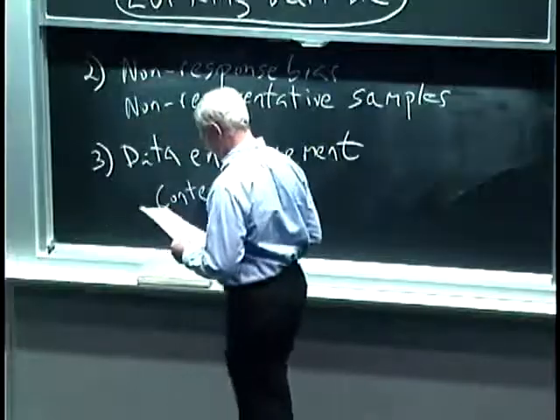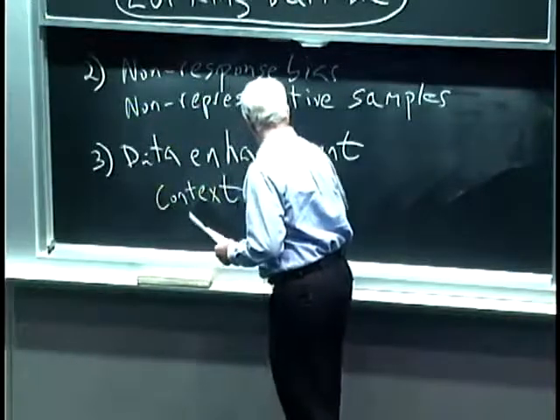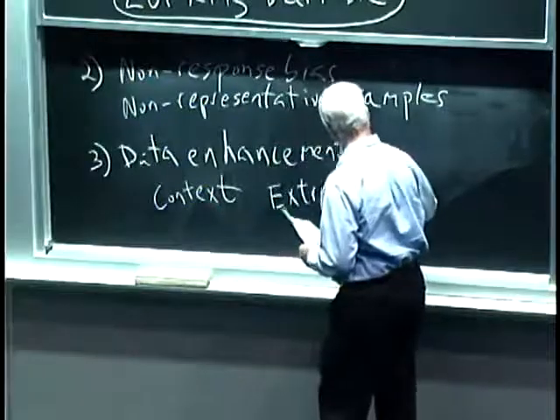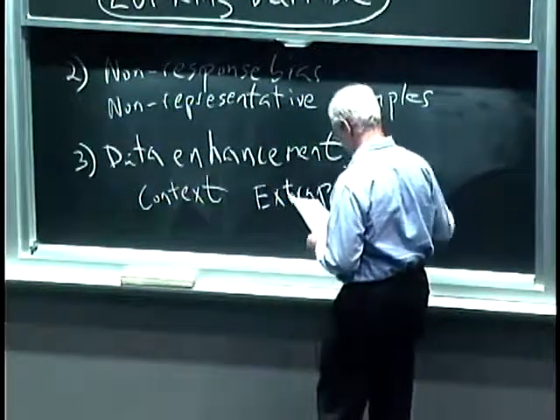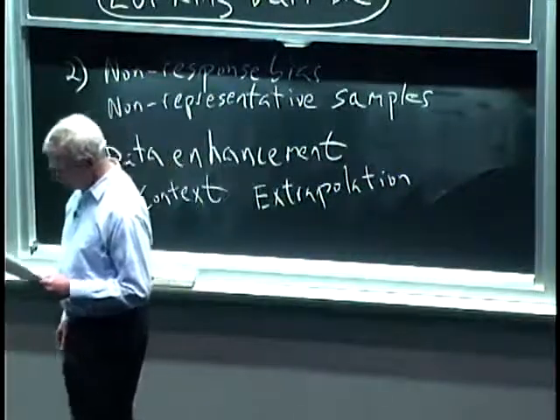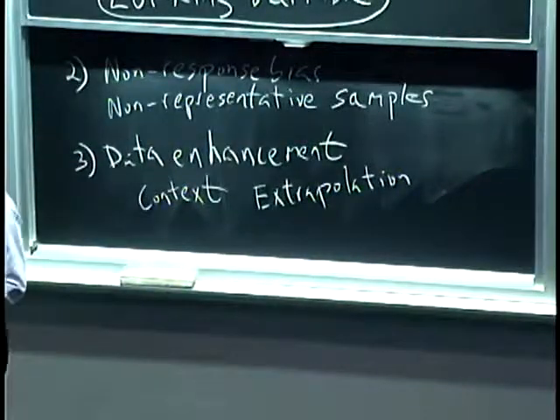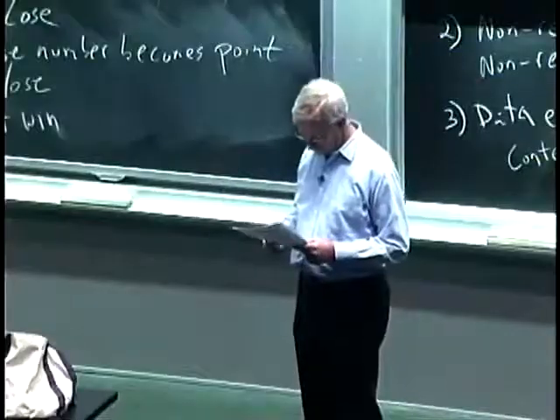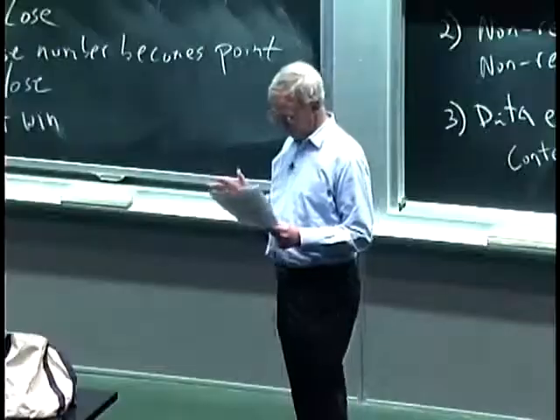Another variant of this is extrapolation. So, a commonly quoted statistic: most auto accidents happen within 10 miles of home. Has anyone here heard that statistic? It's true.